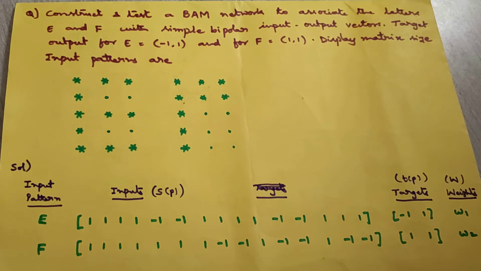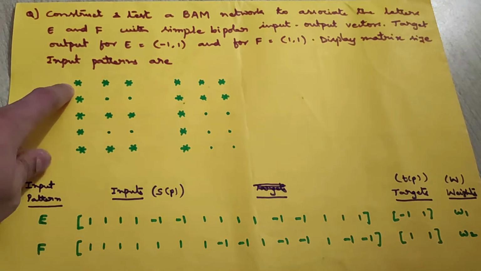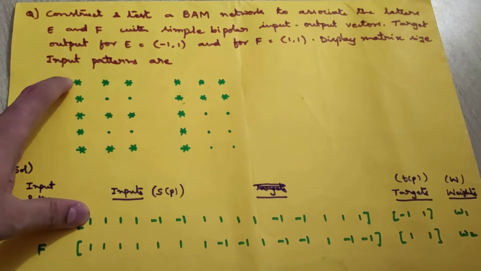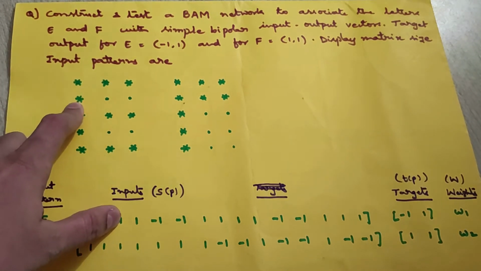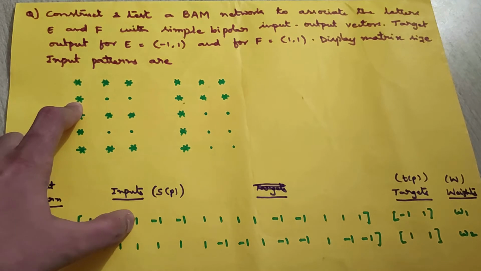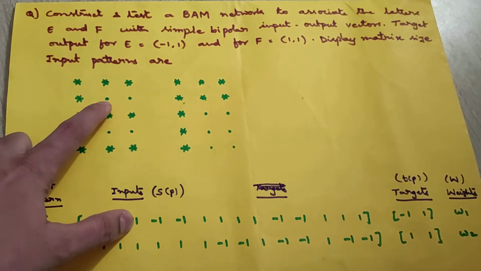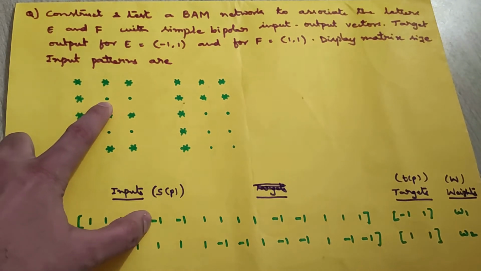So see, down here you can see this part. This is capital E. This is an asterisk, so 1, asterisk 1, asterisk 1, and again come here. This is an asterisk, so I need to put 1 here. After that there is a dot, so I need to put -1.